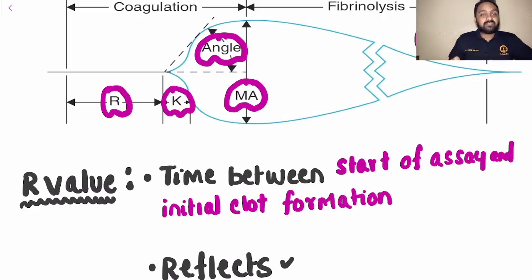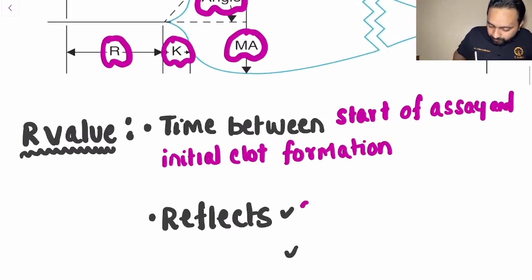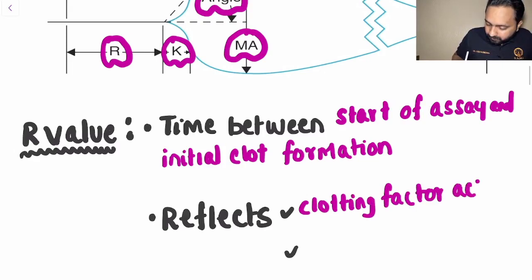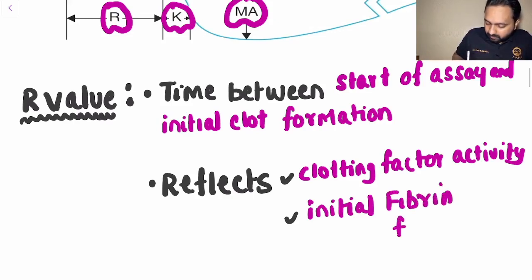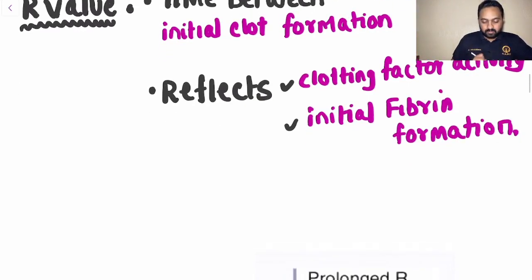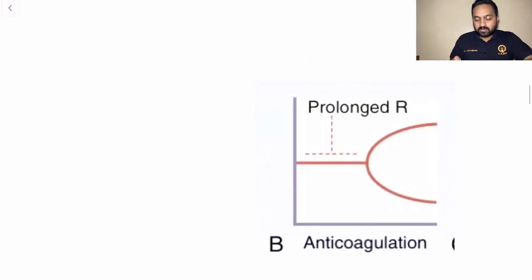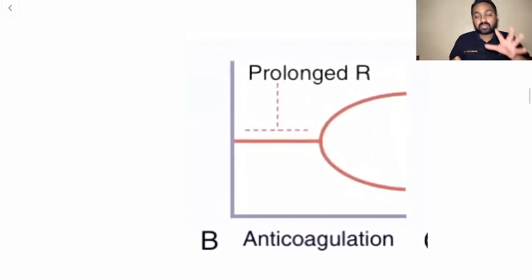So what does it reflect? It reflects clotting factor activity and initial fibrin formation. If you see over here, it is showing a prolonged R.